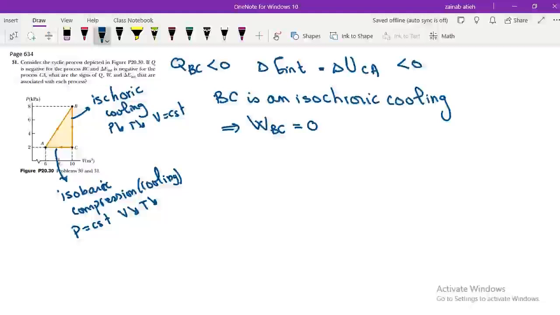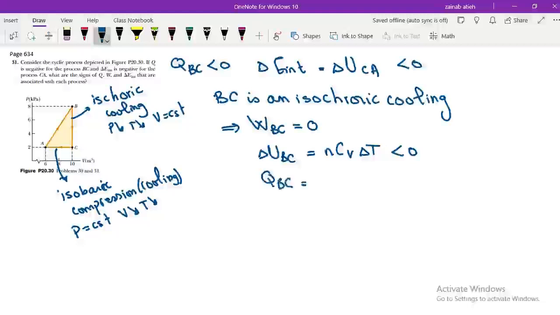For delta U, all the time delta U of BC is equal to nCv delta T, for all kinds of processes. In this case we have cooling, a decrease in temperature, so delta T is negative, so we will get delta U negative. And now we can guess QBC.